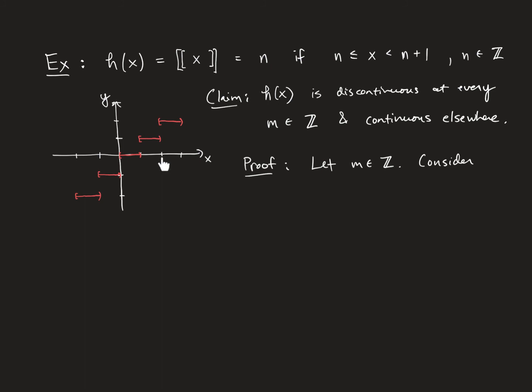So if this is m. Here's our m. We'll take a sequence coming in from the right. That'll have this value here, and from the left, that'll have that value down there. Two different values. So consider x sub k equal to m plus 1 over k.